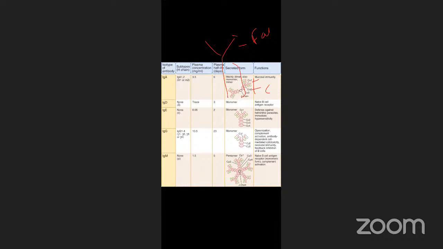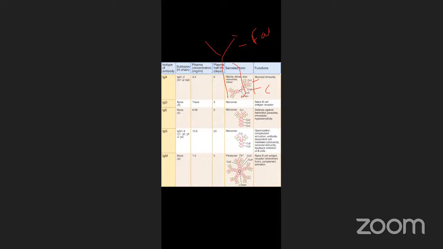In the light chain, different types of molecules are there: kappa and lambda chains. Coming to the heavy chains, different types of heavy chains are there: 1, 2, 3, 4, 5. Based upon the heavy chain present in the antibody, we can give different names.